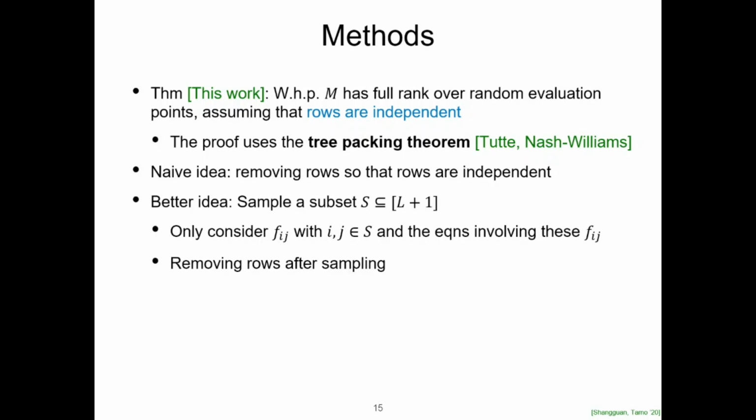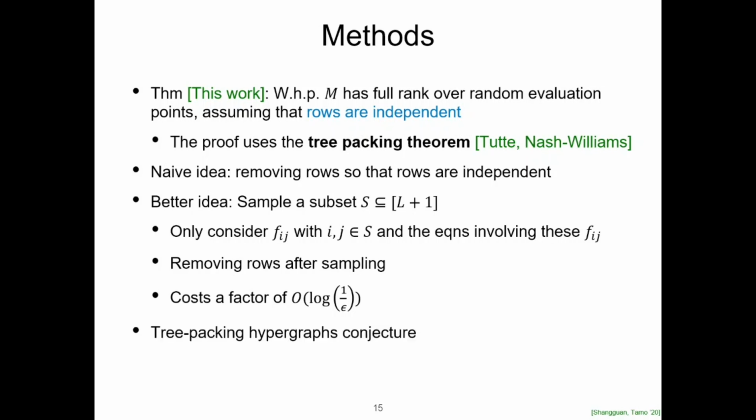So then we use the naive idea again, but after sampling, and we managed to show that by combining the idea of sampling and removing rows, it only costs an extra factor of order O(log 1/epsilon), and this implies our main result. And the reason we need to do the sampling and the removing rows is that we don't know how to prove that the intersection matrix has full rank for the general case, only with the extra condition that the rows are independent.